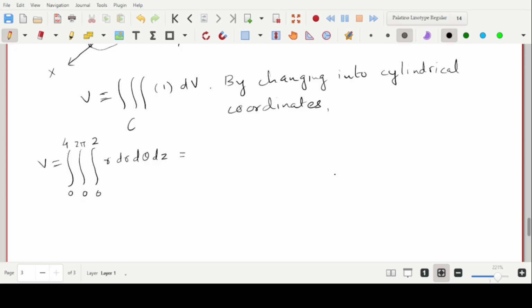Okay, r is varying from 0 to 2, so r square over 2, d theta dz.